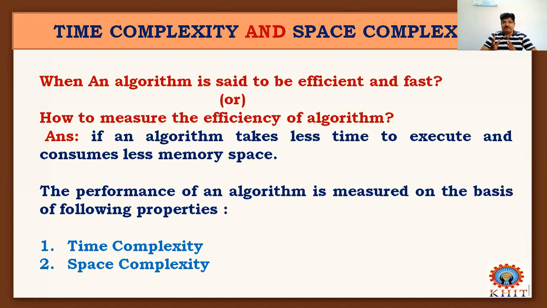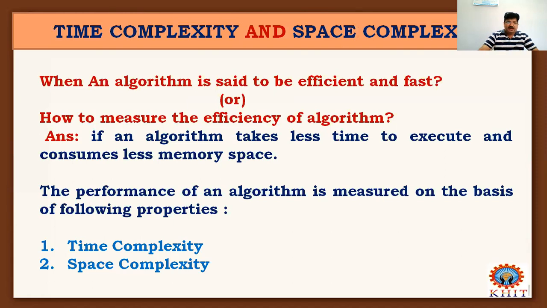By considering the time complexity and space complexity of the given algorithm, we can say how efficient it is. The speed, the fastness, or the efficiency of an algorithm can be measured with the help of two properties, namely time complexity and space complexity.